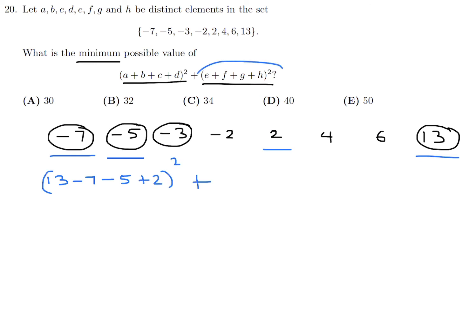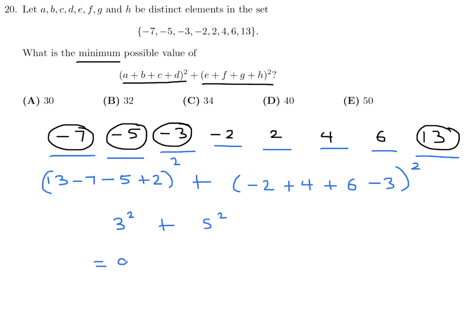All right, and then for the other section, I've got the other remaining numbers, -2, 4, 6, and then this -3 here, right? Okay, let's see what we get here. So this gives me 3 squared, and this over here is 10 minus 5, which is 5 squared. So this is 9 plus 25, well, that's 34.